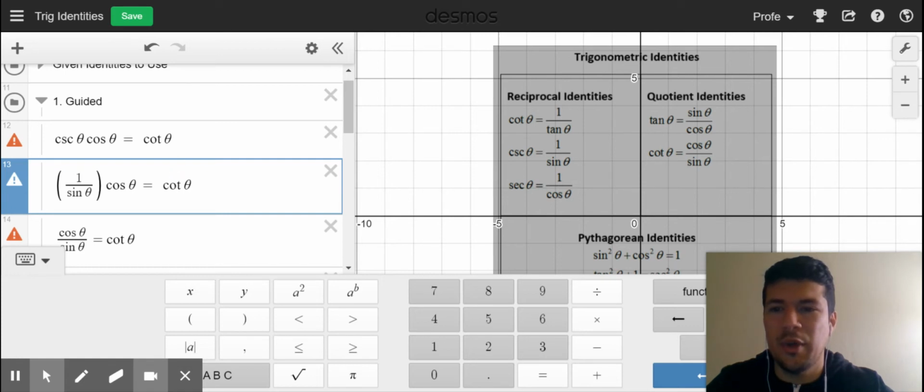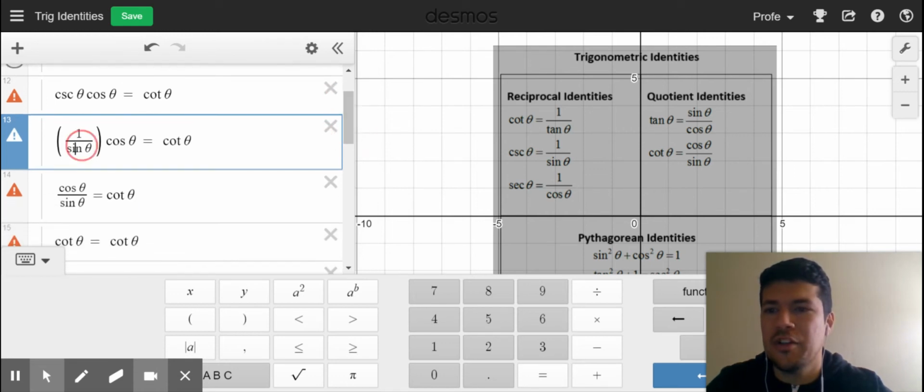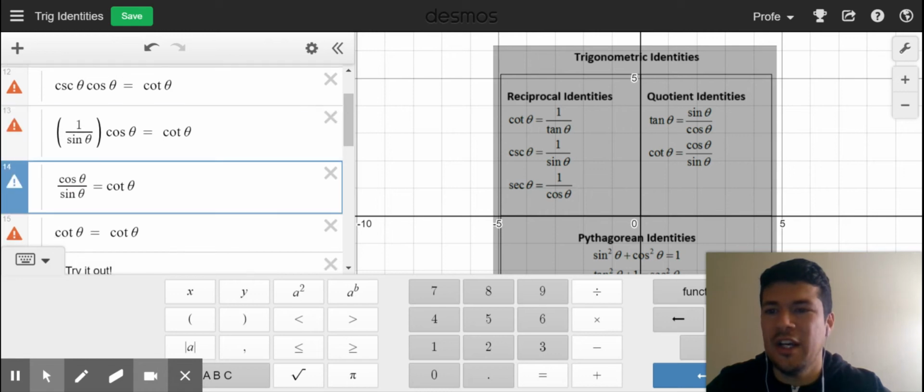You'll find that this right side, you don't need to change it at all. Actually, you shouldn't. Next thing is, if I multiply a fraction by a whole number, then that whole number basically just gets multiplied to the numerator. So 1 over sine times cosine is the same as saying cosine divided by sine. And I bring down my equals cotangent. Now I'm practically done with the problem.